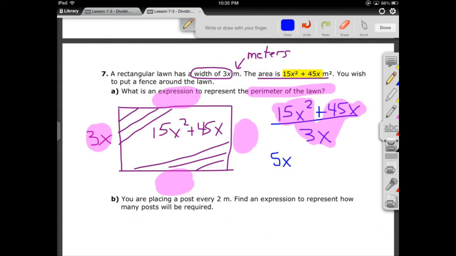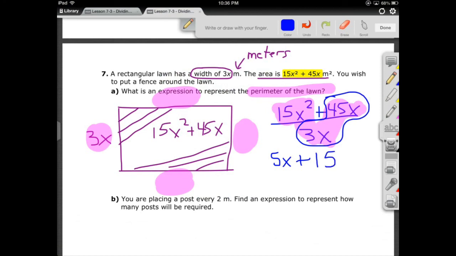Okay, this gets interesting. Now if we look at this one, 45 divided by 3 is 15. X divided by x cancels out. So we're left with 5x plus 15.